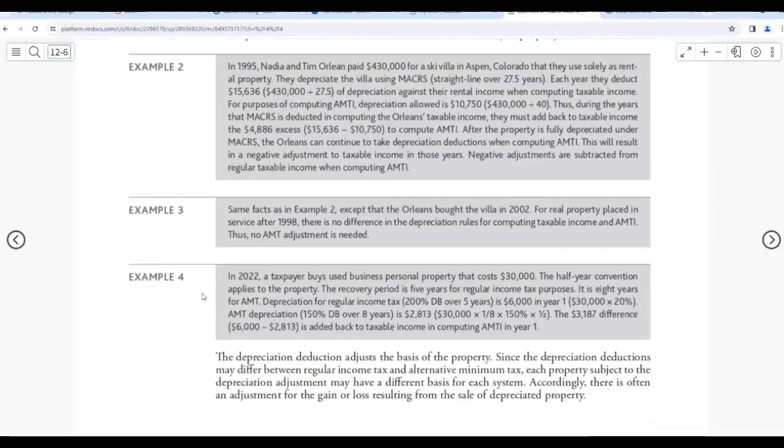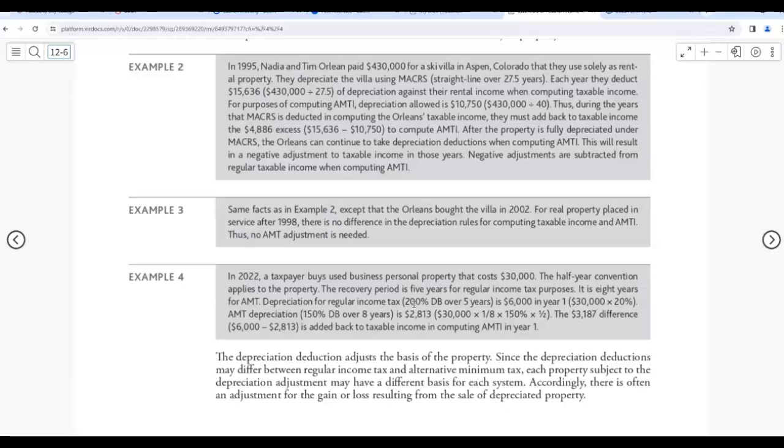In 2022, a taxpayer buys used business property that costs $30,000. The half-year convention applies to the property. The recovery period is 5 years for regular income tax purposes. So it's a 5-year property. It's 8 years for AMT. So 5 years for regular tax, but longer for AMT.